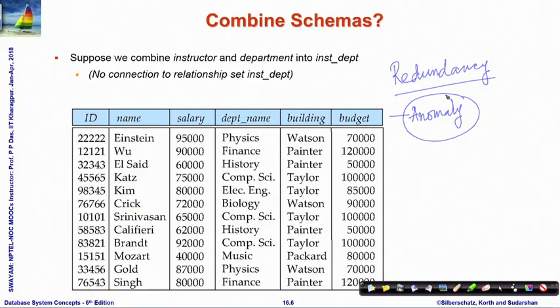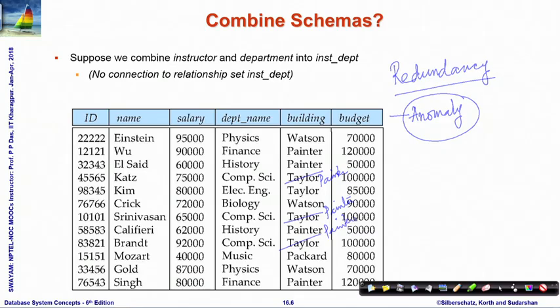For example, let us say the computer science department moves from Taylor building to Painter building. Now, what will have to happen if it moves to Painter building? Then I will need to make this value Painter. I have to also do this, make this Painter. I have to also do this, make this Painter.